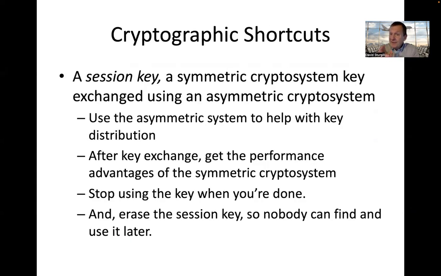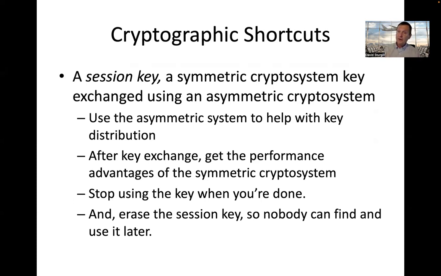Well, normally, even if you're using a key pair or two key pairs, like in this example, you don't use those pairs to cover every message you're going to send. Usually, you would use them to establish what's called a session key. A session key is a symmetric key that you're going to use to encrypt all subsequent communication.